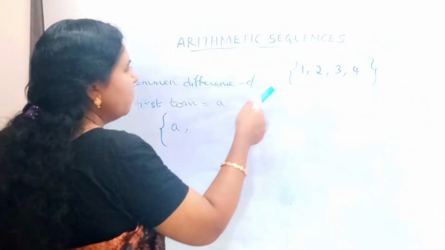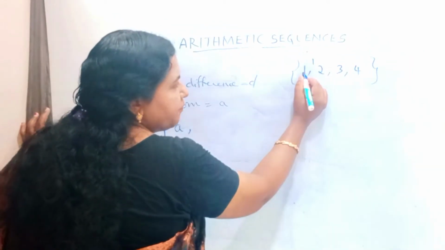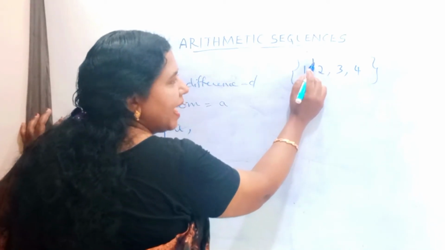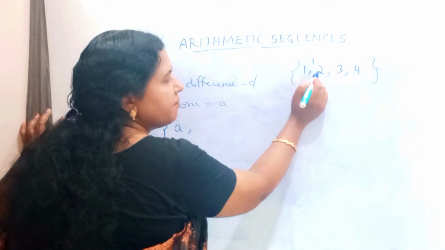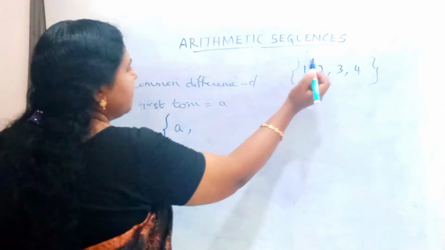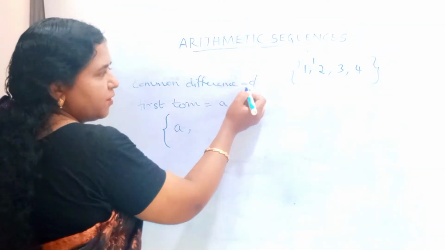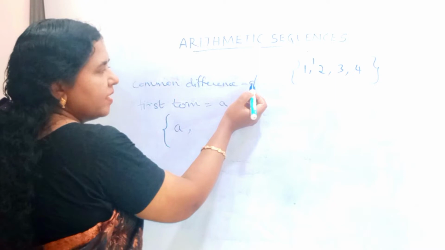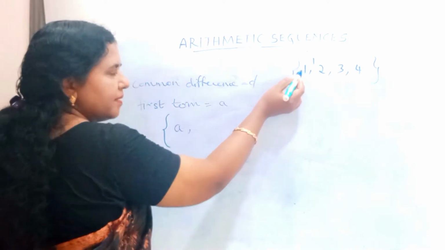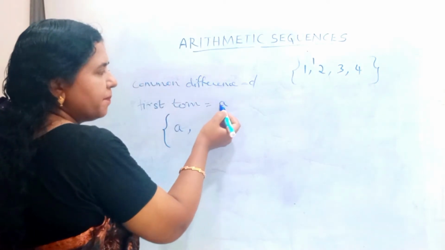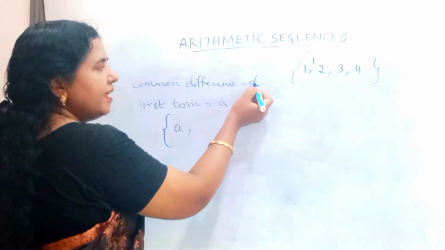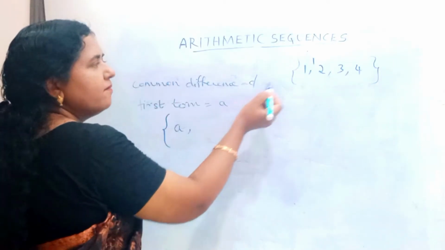Now actually, the difference between these two consecutive terms is 1. It means that when we add this 1 to the first term, we will get the second term. This 1 is nothing but the common difference, and we have the representation for the common difference as D. So when we add this common difference to the first term, which we have already represented as A, we will get the second term.